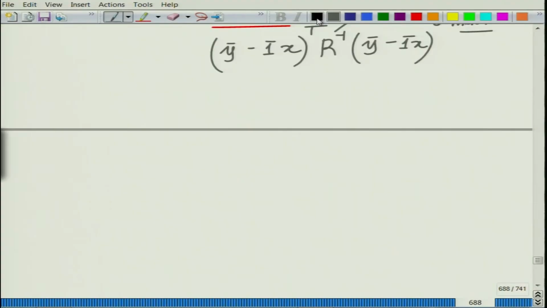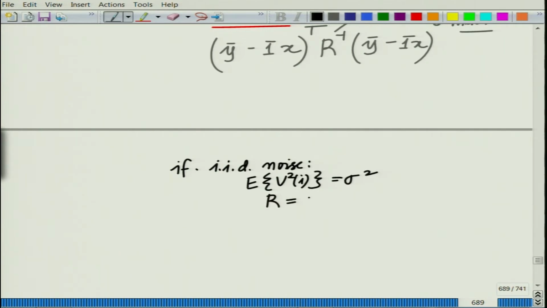Now we can once again say, if the noise samples are independent identically distributed, that is, IID, all of them have identical variance sigma square, then the covariance becomes sigma square times identity.